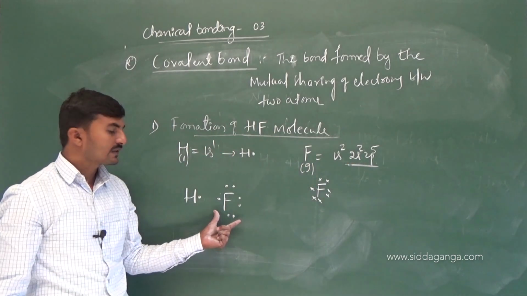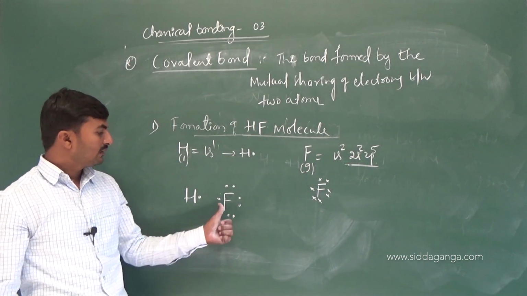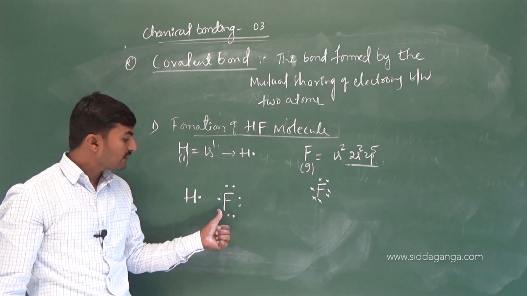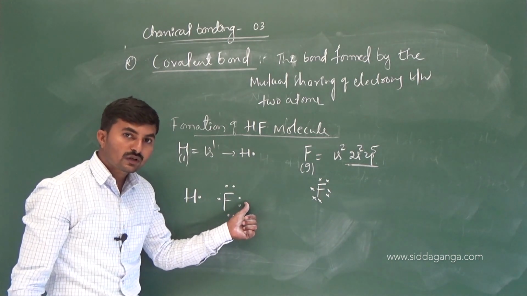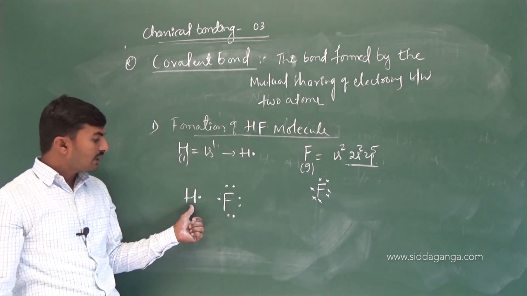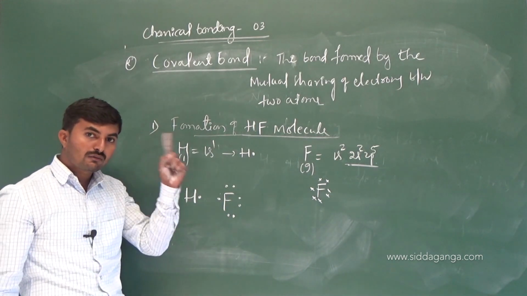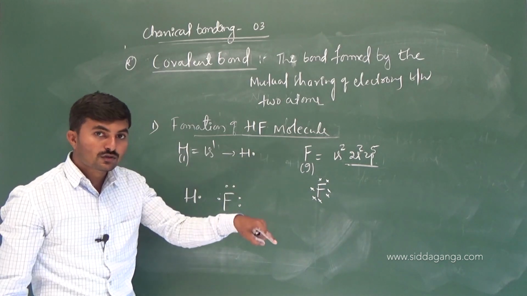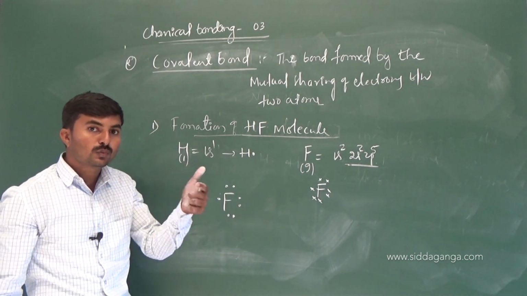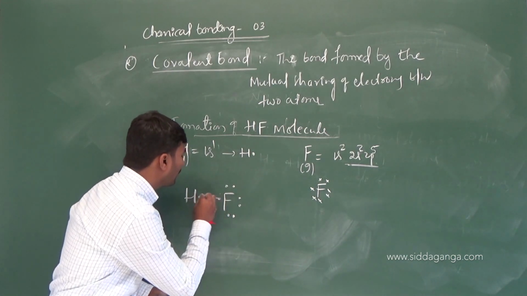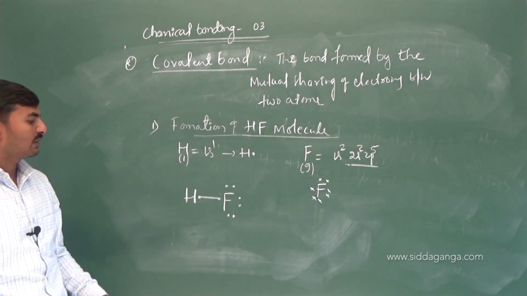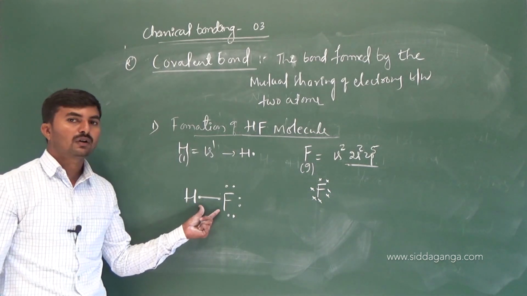Here this fluorine atom requires only 1 electron to get stability or the octet configuration. At the same time, this hydrogen atom also requires only 1 electron to get the nearest noble gas configuration, that is duplet configuration. Now a covalent bond is formed, mutual sharing of electrons takes place here.